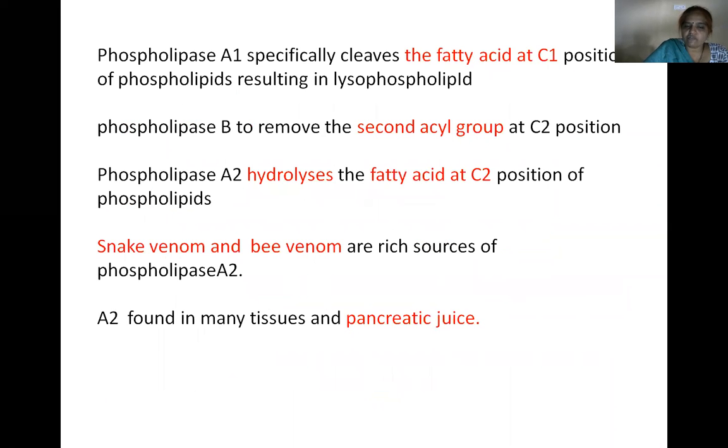Phospholipase A2 is found in rich amounts in snake venom and bee venom.